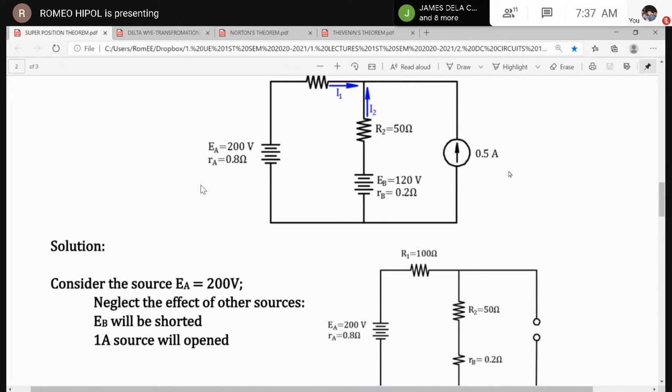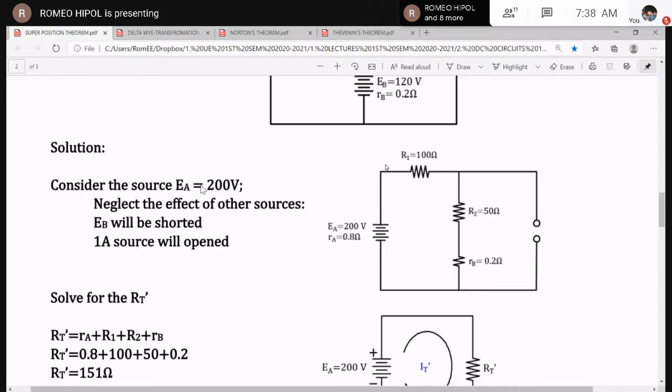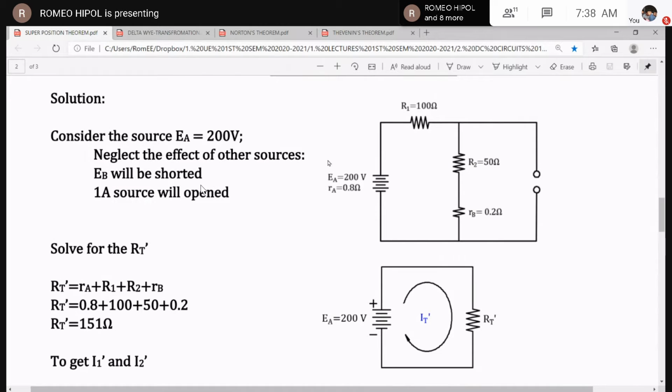And then, while the current source, 0.5 ampere, will be open. So this will be the output, nakuha ating effect of the battery A.